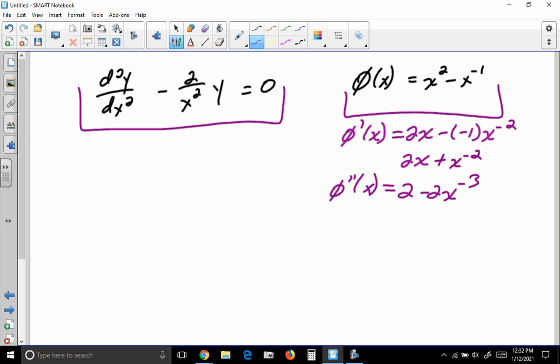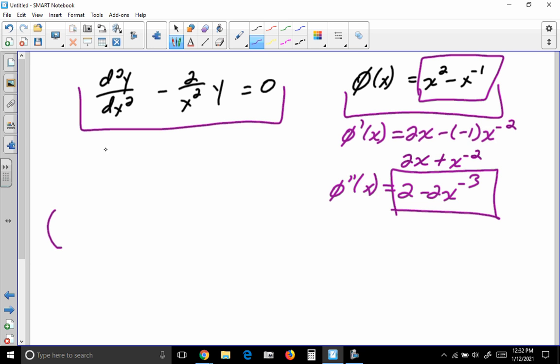So we want to verify that when we replace the second derivative of y with the second derivative, and we replace y with this, that it is a solution. In place of the second derivative, we're going to put 2 minus 2x to the negative 3. We're replacing y, so our coefficient remains 2 over x squared, and we're replacing y with x squared minus x to the negative 1.